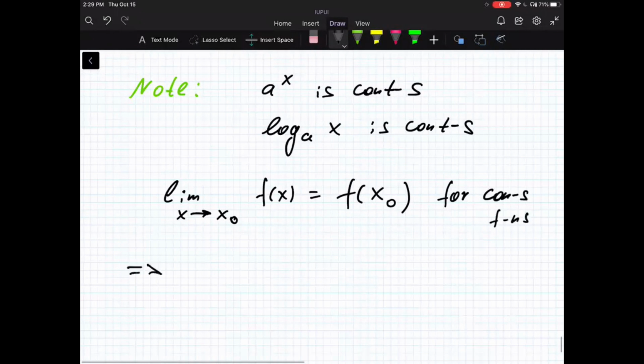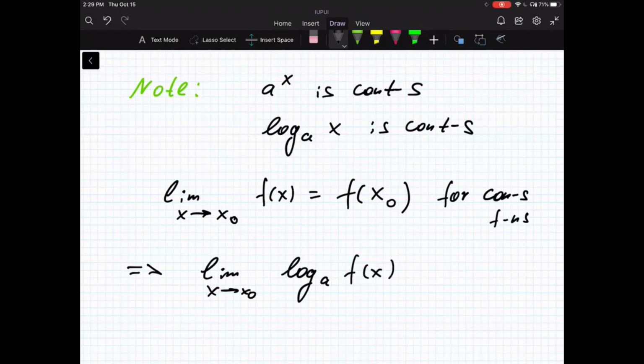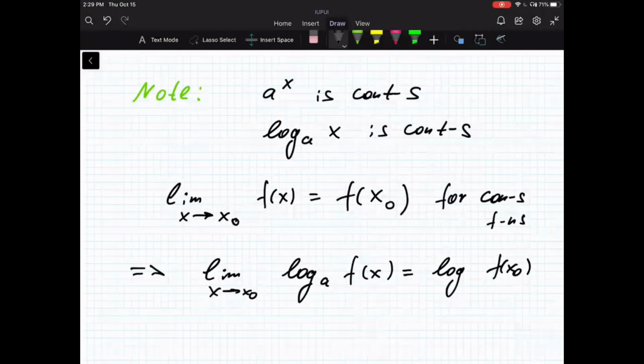And so limit when x goes to x naught of logarithm with base a of f of x is equal to logarithm of f of x naught with base a.